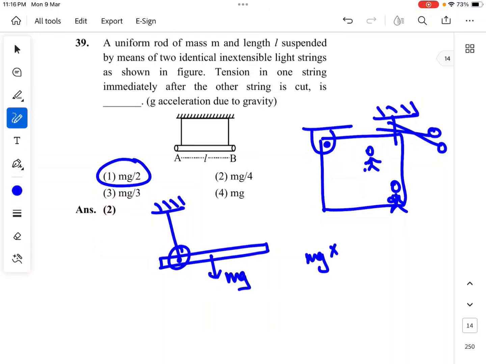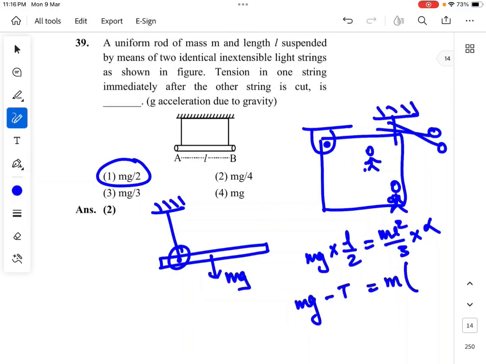So mg into L by 2 is equal to I alpha. I about that point is ml square by 3 into alpha. And the dynamics equation, mg minus T is equal to ma. A is the acceleration of center of mass, that's what you're supposed to use.